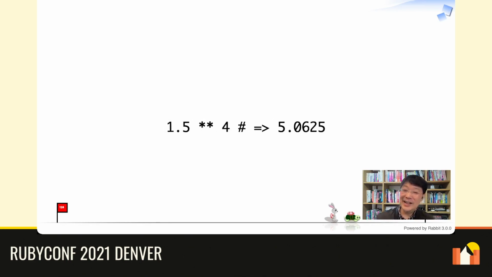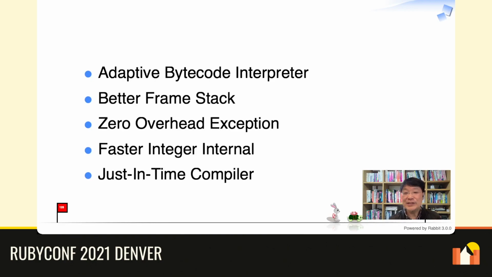That means 1.5 to the power of 4 equals 5.06, so that's almost 5 times faster. And then they are going to improve the adaptive bytecode interpreter, better frame stacks, zero overhead exceptions, faster integer internals, just-in-time compilers.